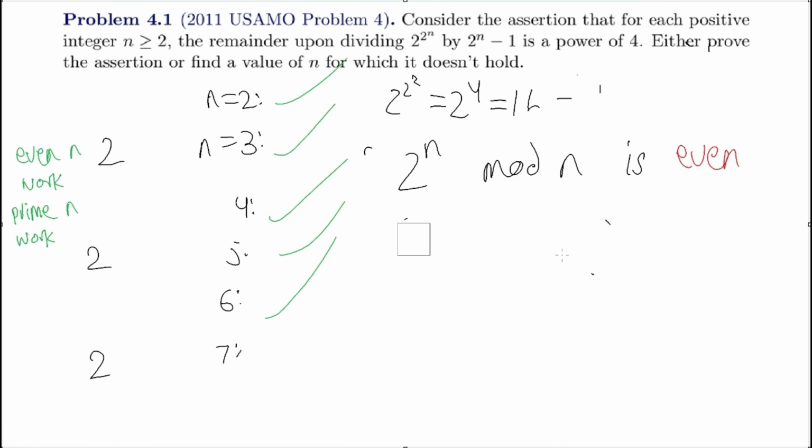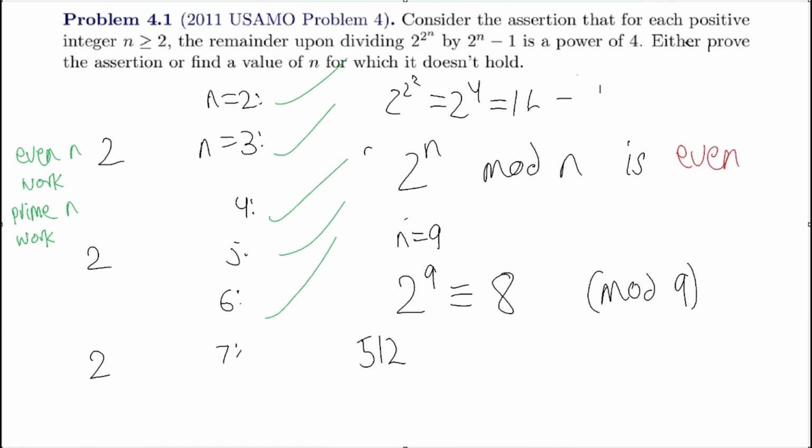And the first example for which this happens is when n equals 9. Then we have 2 to the 9 is equivalent to something mod 9. This is equal to 512, and when we divide it out, we get 8.